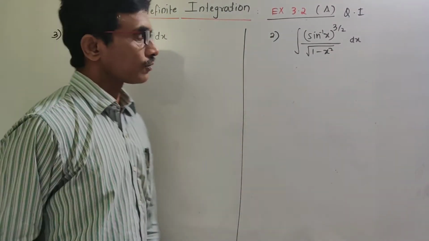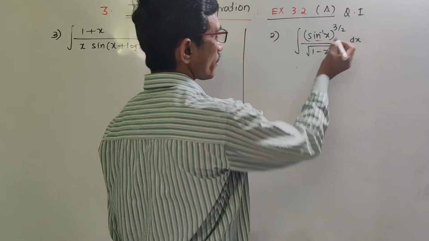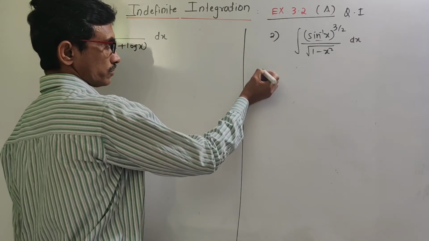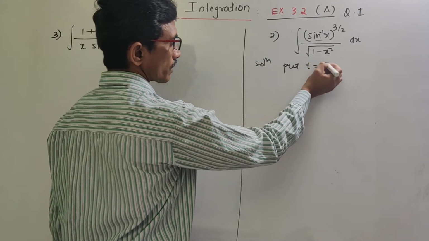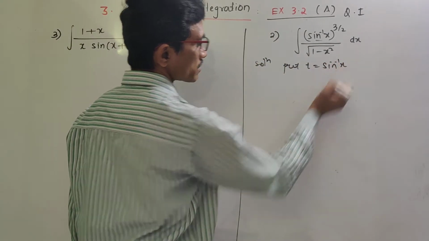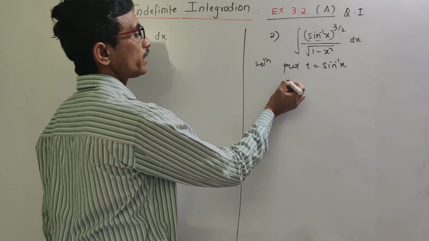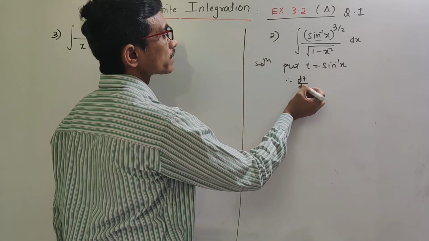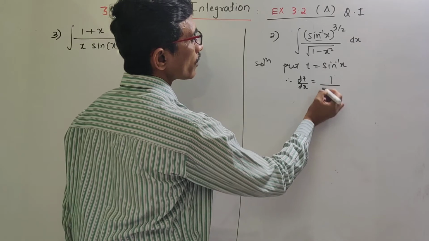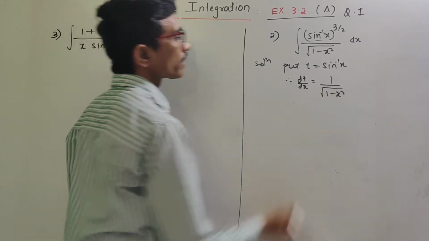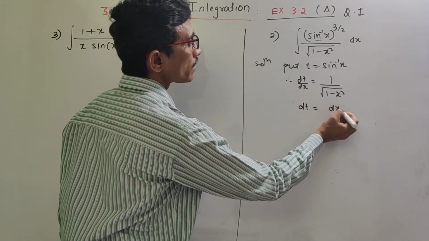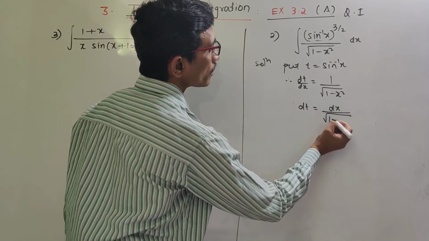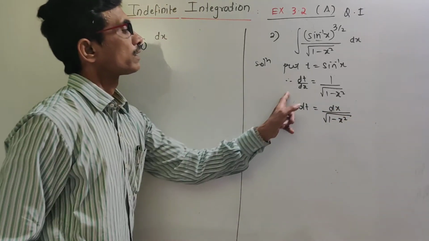So obviously our substitution will be sine inverse of x is equal to t. So here put t is equal to sine inverse of x. Therefore dt by dx, sine inverse x derivative is 1 upon root 1 minus x square. So simplify, dt is equal to dx upon root of 1 minus x square.